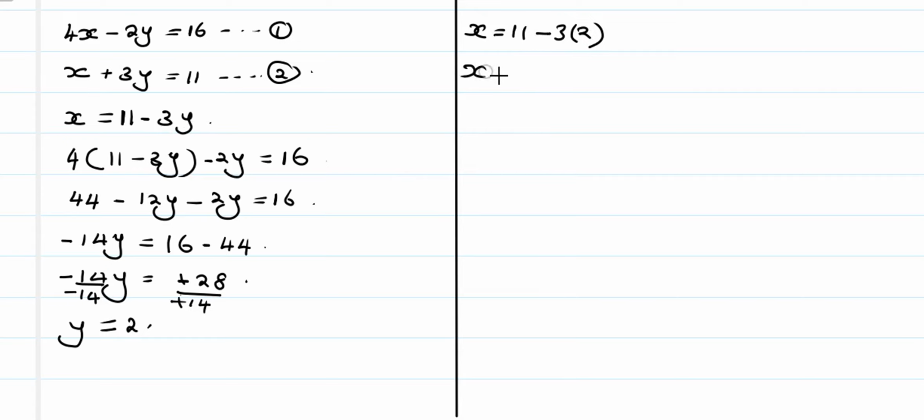So x equals 11 minus 6, which becomes 5. So the solution for these two equations is x equals 5 and y equals 2. And that's how we use substitution to solve simultaneous equations.